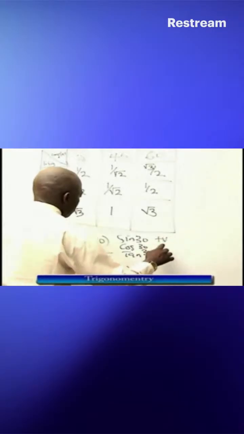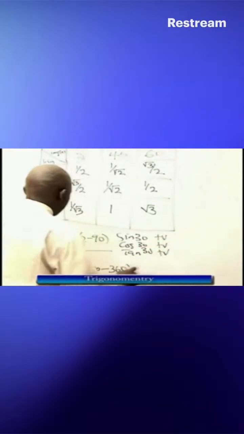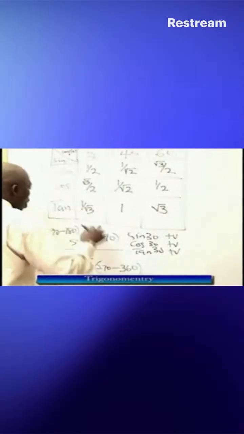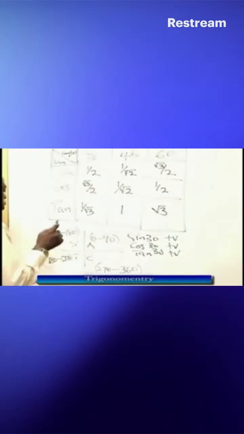Positive, positive, positive. That is between 0 and 90. All angles, sine 79, sine 89, even sine 90, all of them are positive. Now, if you move from here, let's say from 91 until you get to 180, in this quadrant, only sine is positive.